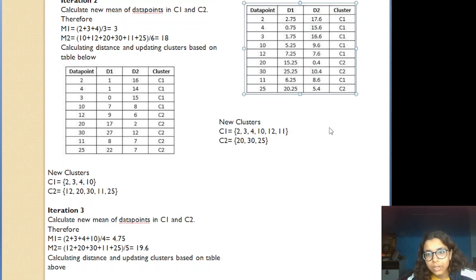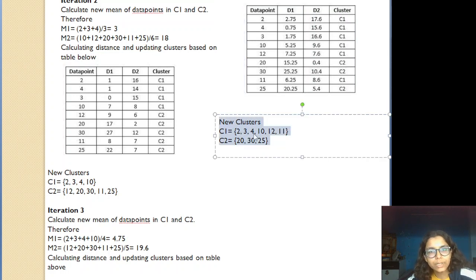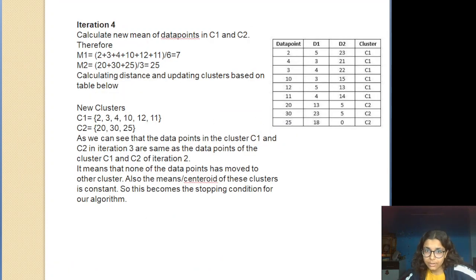With respect to this table we came to the conclusion of new clusters: C1 equals 2, 3, 4, 10, 12 and 11, and C2 equals 20, 30 and 25. Then we go for our next iteration, iteration number 4, where we calculate the new mean for data points in C1 and C2.